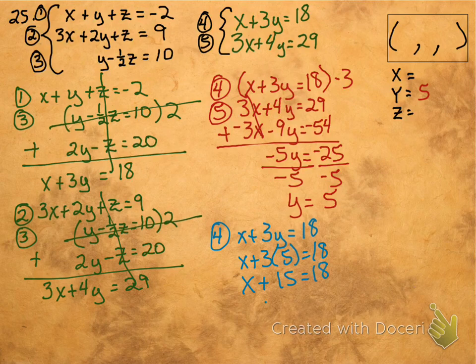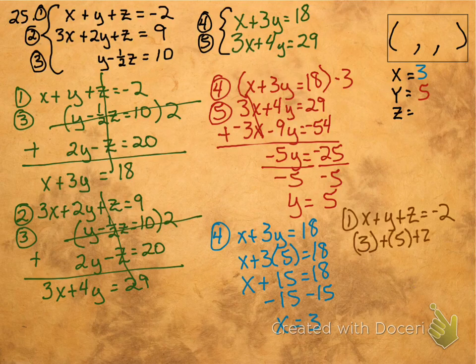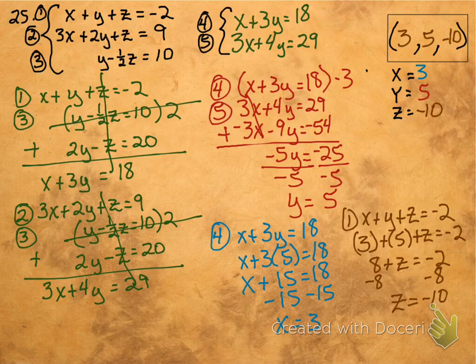Subtract that 15 from 18, and it gives me x is equal to 3. Plug that all into number 1. So 3 plus 5 plus z is negative 2. So z is equal to negative 10. So my first number is 3, my second is 5, my third number is negative 10.